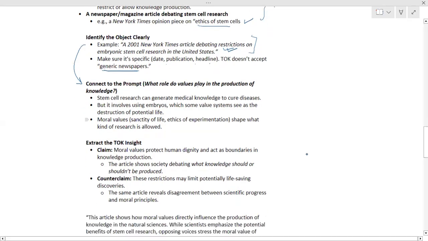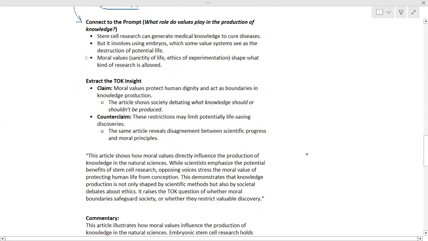Now, the TOK insight. From here, what is the TOK insight that we get? The TOK insight, again, we take it from the specific example and the connection to the prompt. So now our claim becomes that moral values protect human dignity and act as boundaries in knowledge production. The article shows society debating what knowledge should or shouldn't be produced.